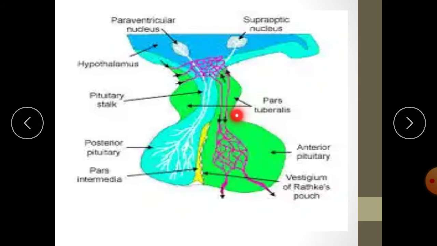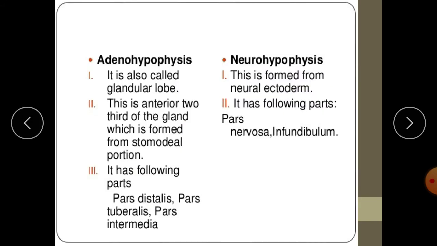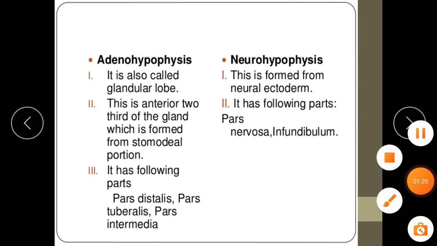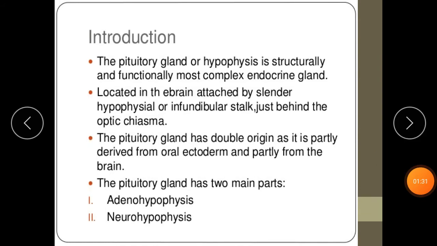So this is the pituitary gland. The pituitary gland has a double origin, as it is partly derived from oral ectoderm and partly from the brain. See, the pituitary gland has originated from two regions.